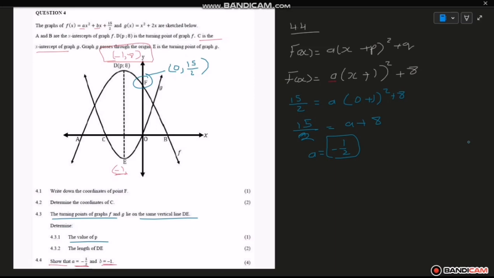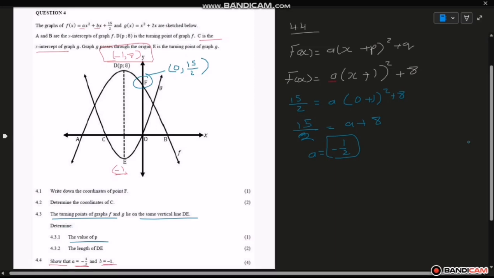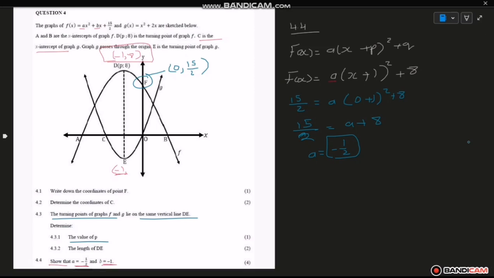So this is how you do this. Now for us to find the value of b, let's take this a and substitute it back on the graph of f, the one that we're actually using right now.